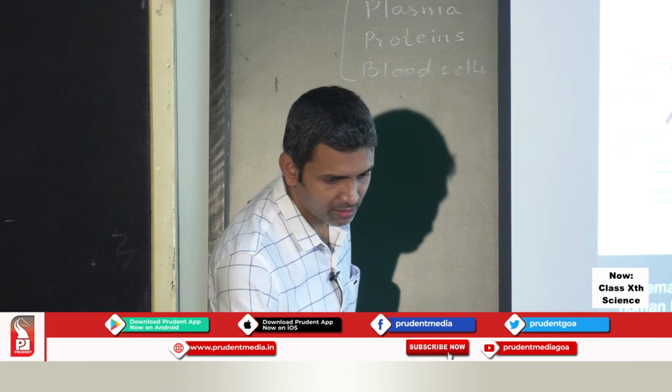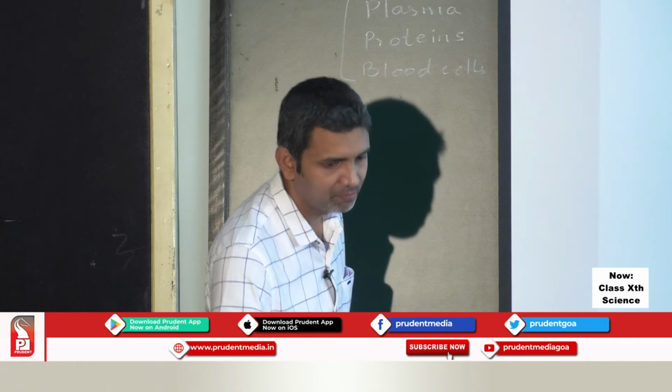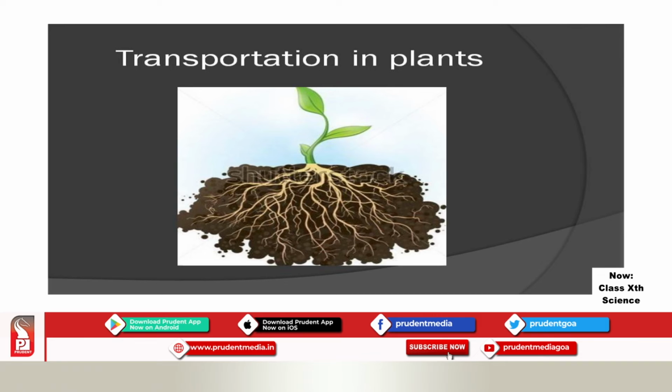Let us learn about transportation in plants. The transportation system of plants is slow because plants consist of many dead cells. In one of the classes we learned that plants require carbon dioxide.